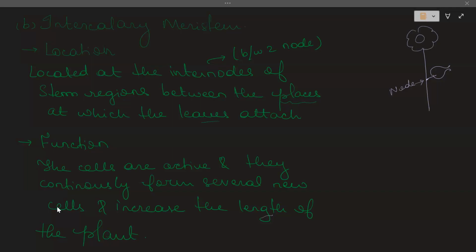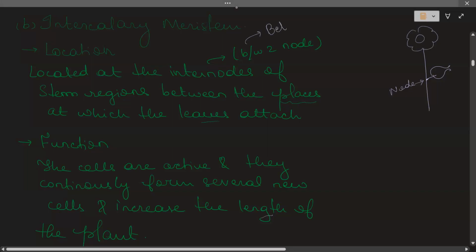Ma'am, what is B slash W nodes? Oh, that is the short form of between. Is it before the internodes or after the internodes? See, the intercalary meristem is located at the internode. This internode is the region placed between two nodes. Okay, ma'am, got it.